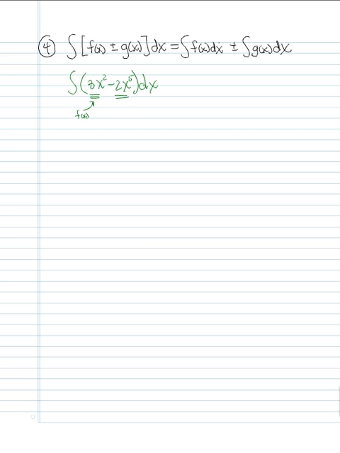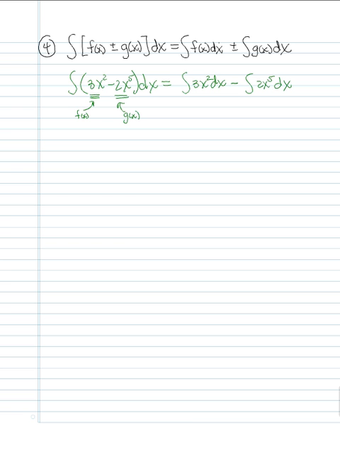And this is like the g of x. So this rule allows us not to think about what function I can take the derivative of to get 3x squared minus 2x to the 5th. It allows me to break it down into two simple problems. That is, all we need to worry about is what's the integral of 3x squared with respect to x, and then subtract whatever the integral of 2x to the 5th with respect to x is. And so we get to think about little problems instead of one big problem.